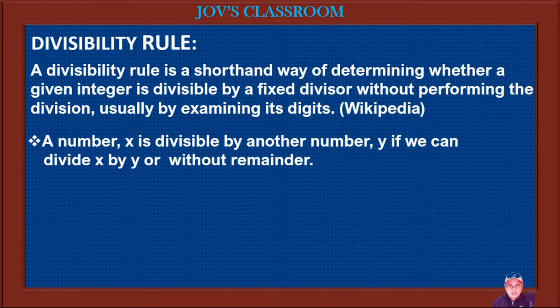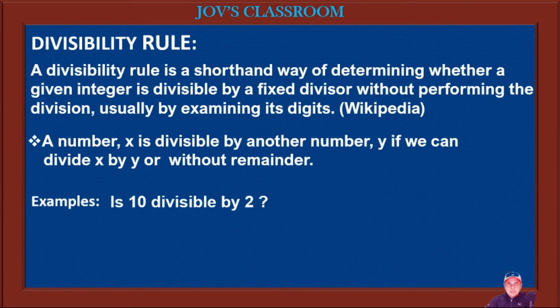by a certain number. All right, so for example, we have a number 10. Is 10 divisible by 2? If you divide 10 by 2, the answer is 5. So therefore, there is no remainder. That means 10 is divisible by 2.